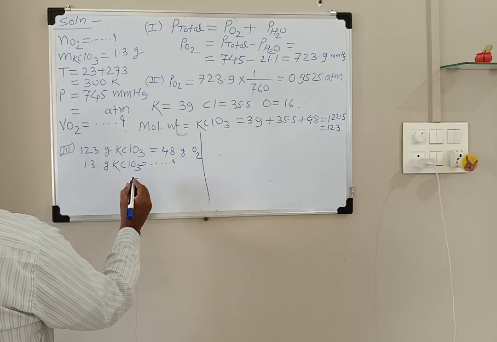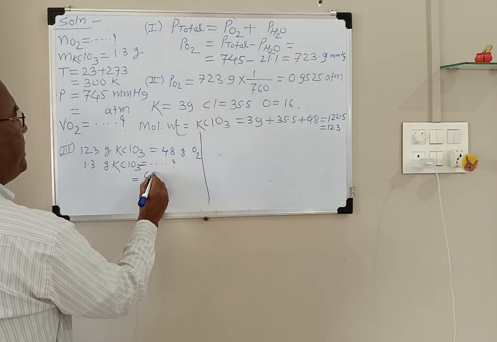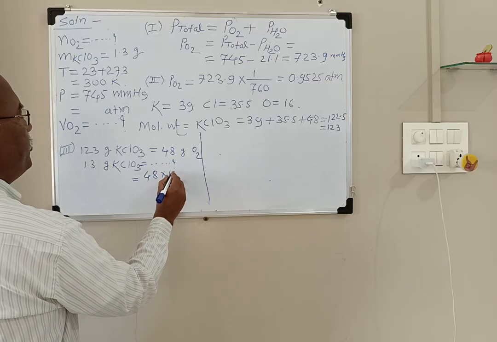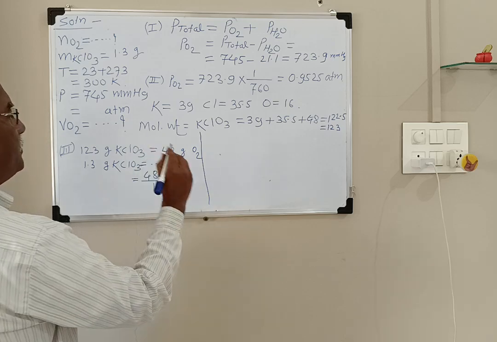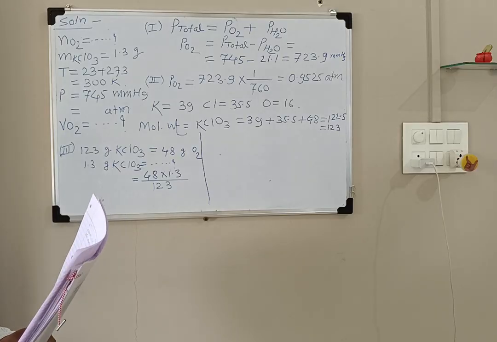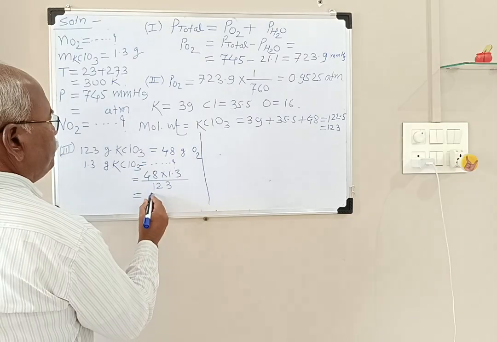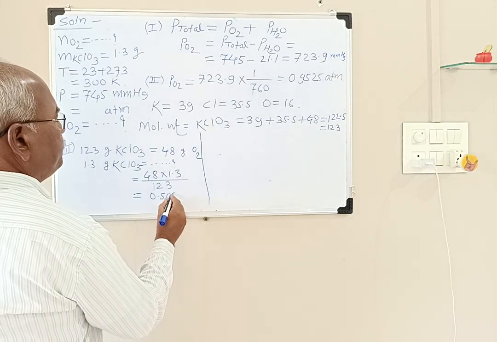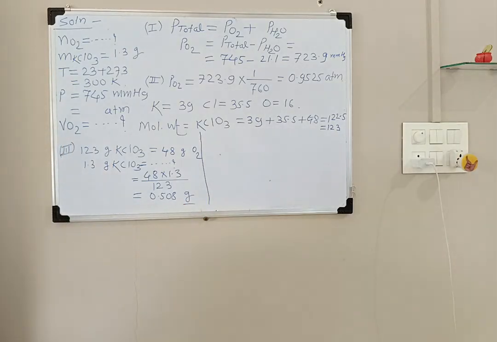By cross multiplication, 48 into 1.3 divided by 123. The answer is 0.508 gram. This is the third step.